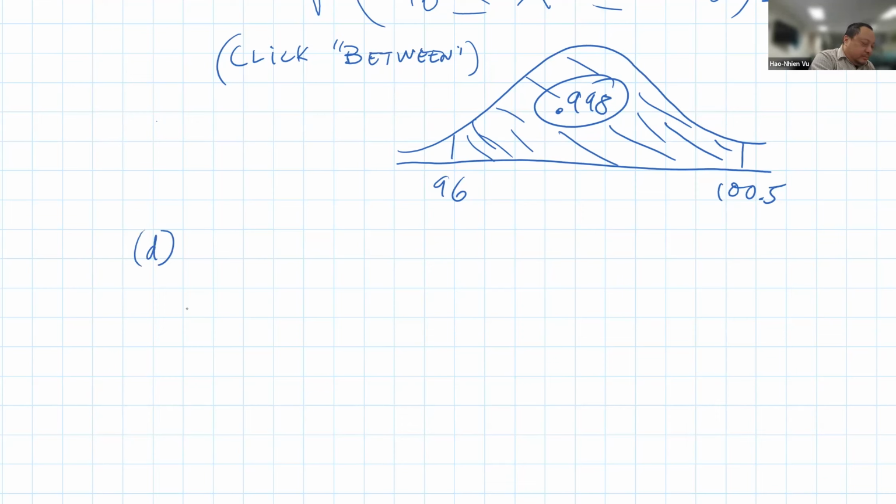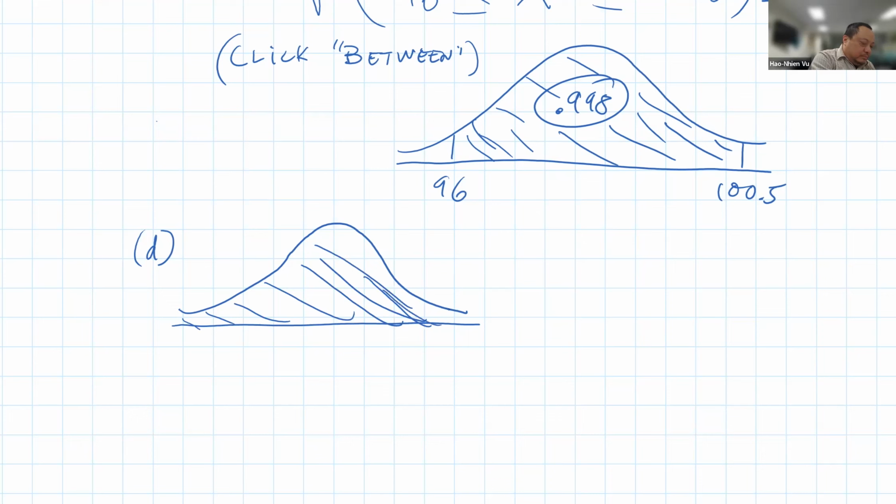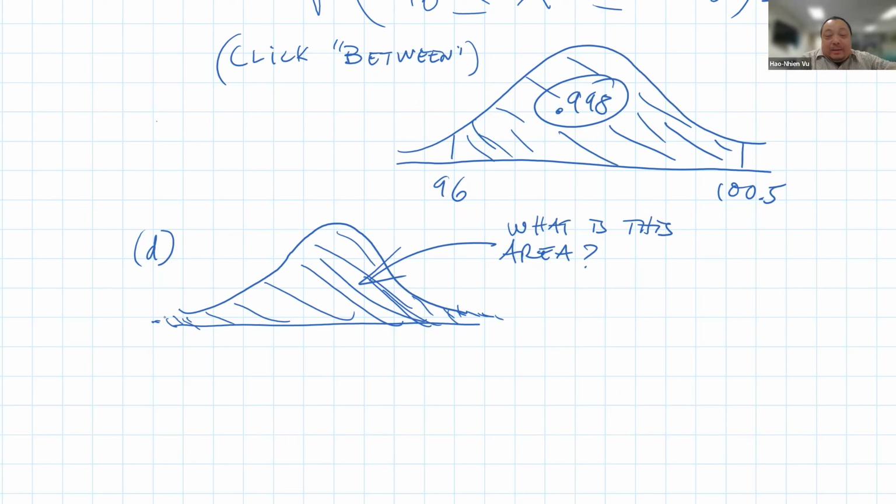But D. If I take the normal curve and I ask for the entire area of the whole normal curve, going all the way to infinity and negative infinity, what's that area equal to? That says 1. Any other answer? It says 0, but it can't be 0 because it obviously exists.